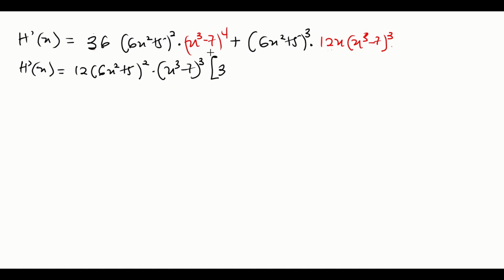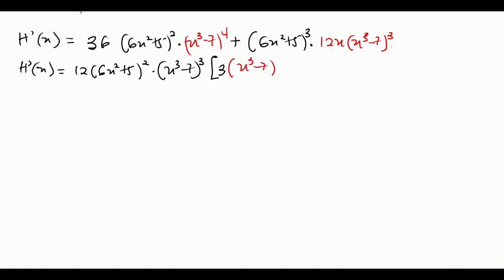We leave that. Then we come here as well. Here we have (x³ − 7) all to the power 3. When we take that from all this side, whatever will be left is (x³ − 7) to the power 1, which is the only thing that will be left. That gives us (x³ − 7).